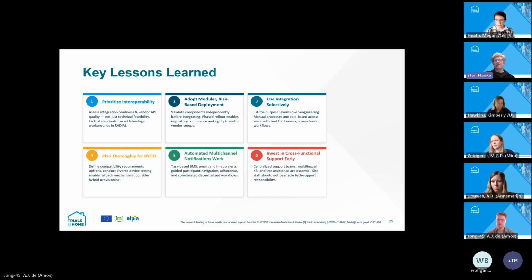And then the thing I talked about earlier, the cross-functional support in the study, not only by ticketing, but also providing an information source and monitoring issues and requests which appear in the study. Next slide, please.